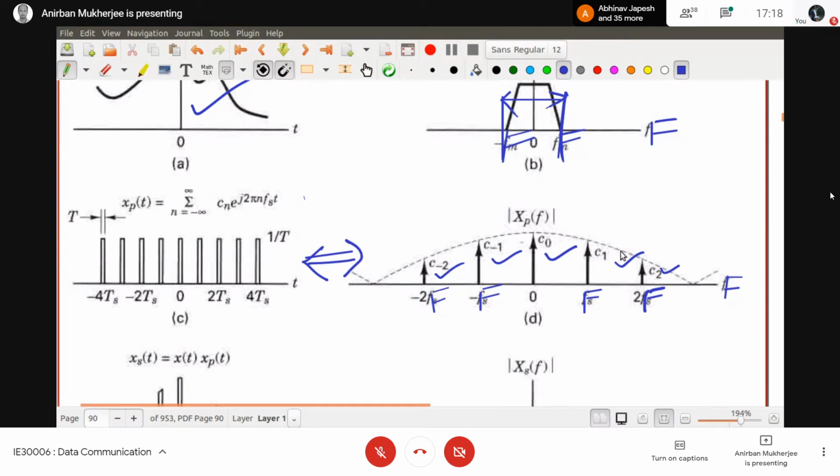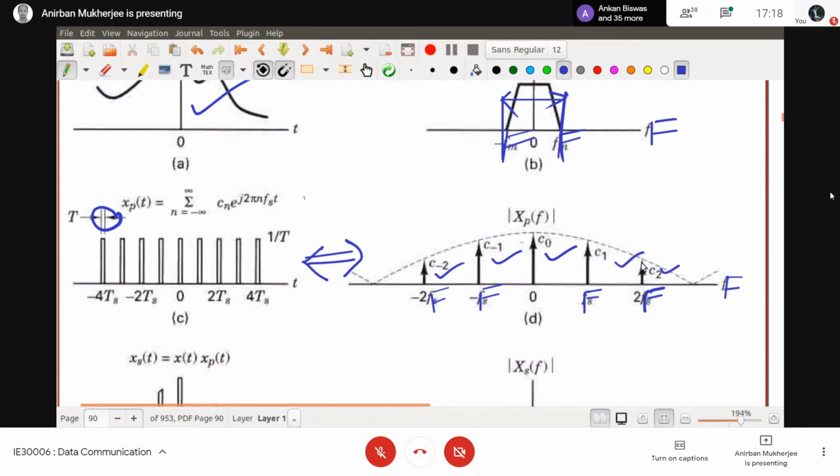So I can calculate this c_0, c_1, c_2, and if you interpolate, you will find that it will be like this. Please try to understand that when this pulse width T tends to 0, what will happen?